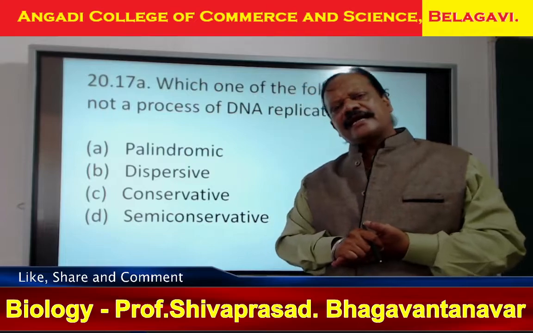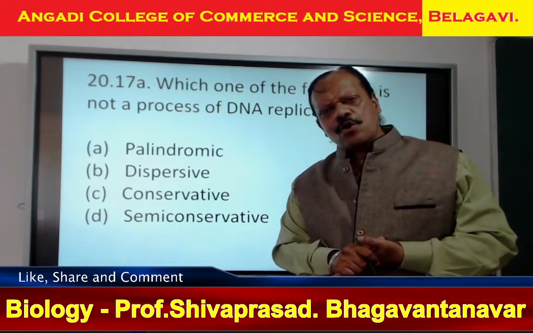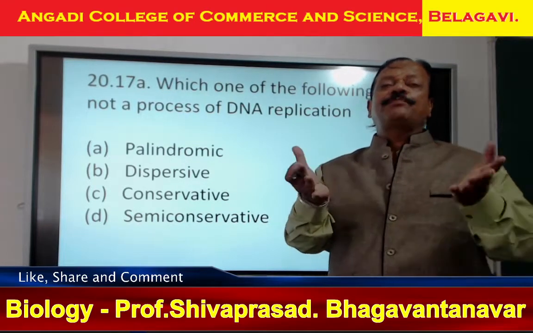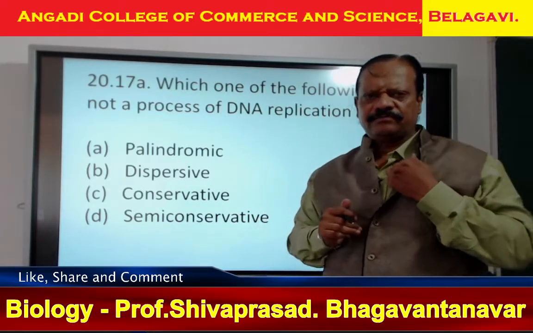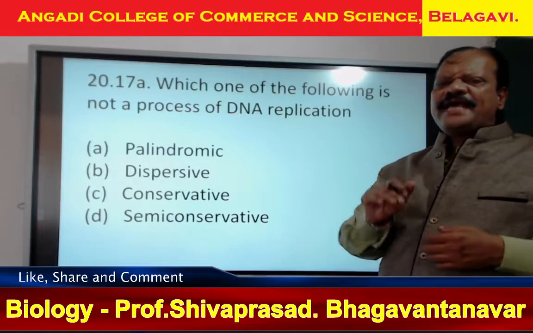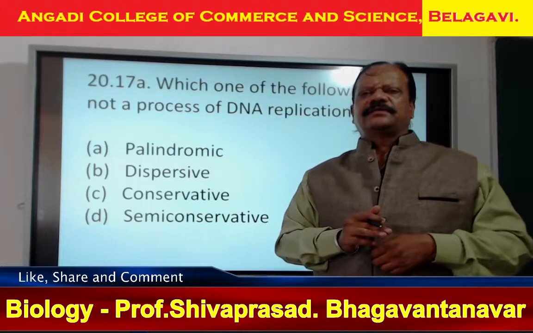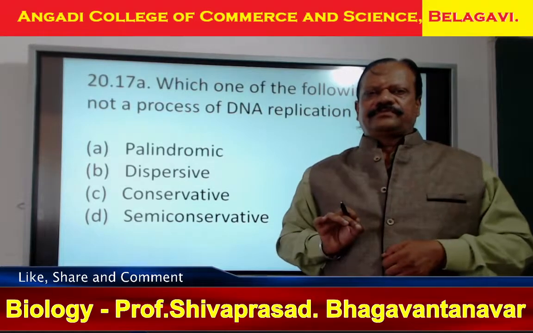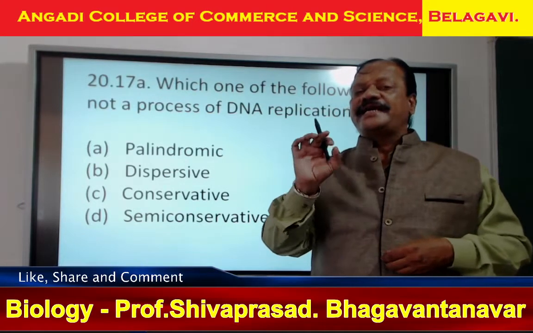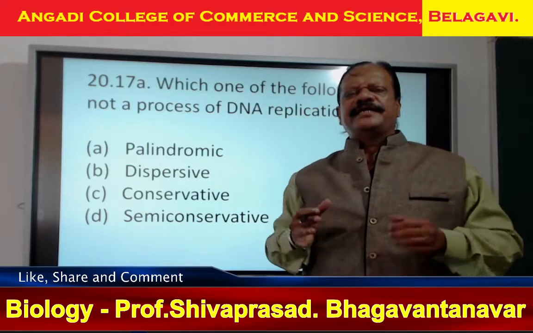Now the question arises, what is this palindrome then? What is a palindrome? I am telling you, see, very simple. We are taking some names. Say for example, Malayalam. See the spelling, Malayalam. Okay, leave it. It is very big.